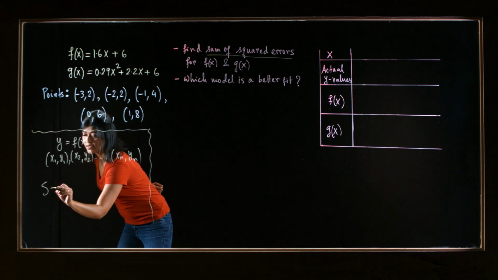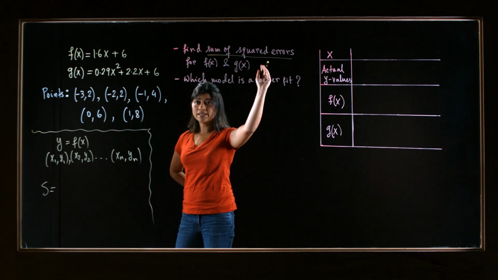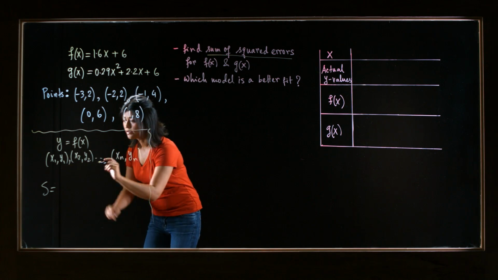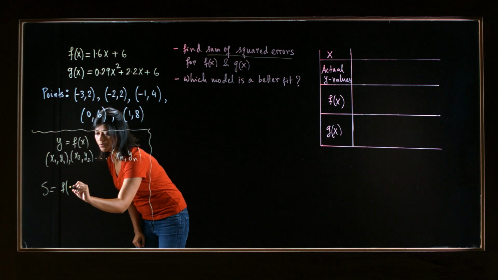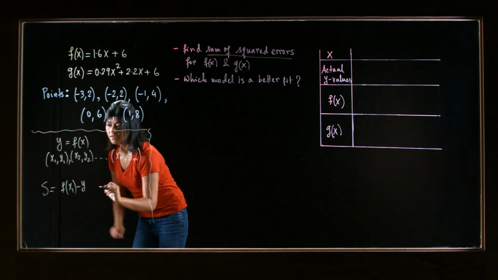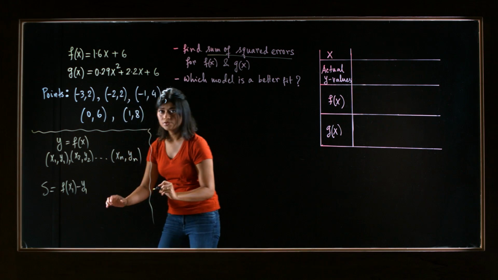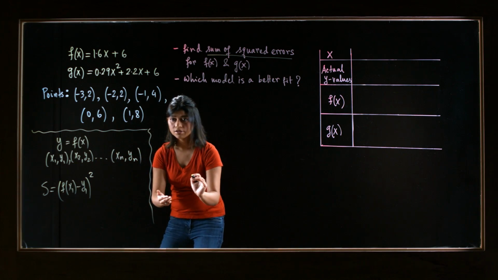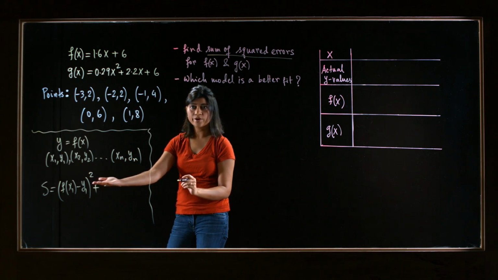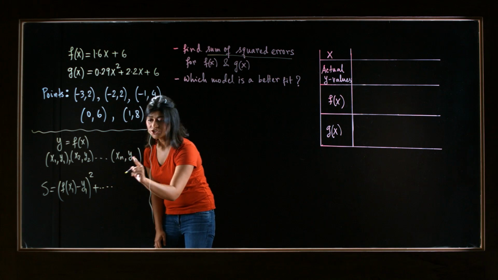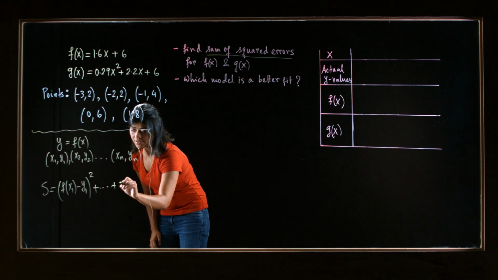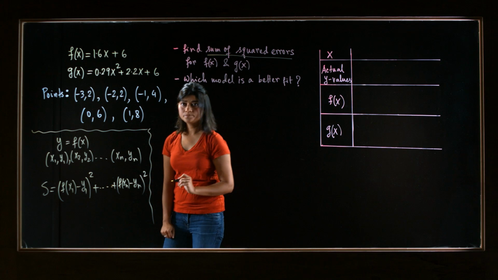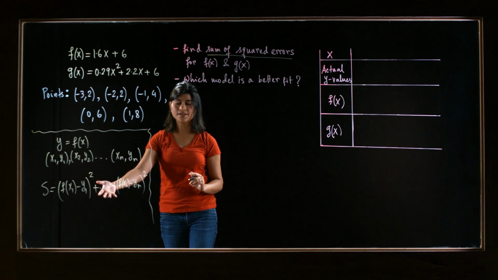Then the sum of squared errors, like the name suggests, first you compute the error, which is the function value at the point minus the actual y value. So that's the error, then you square it, and then you add all these terms. That's why it's a sum of squared errors. So you do it for each point. The last one is f of xn minus yn squared. So that's the formula to compute the sum.